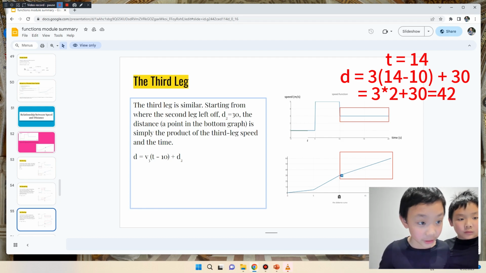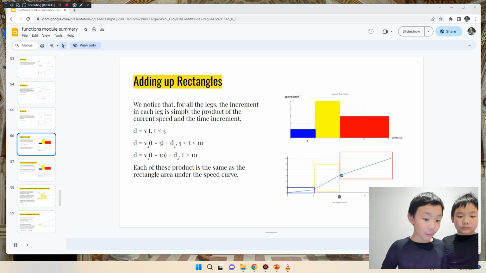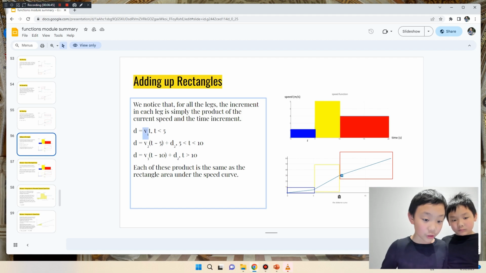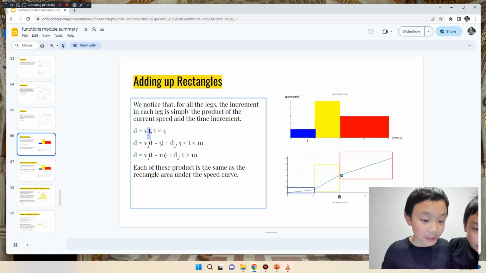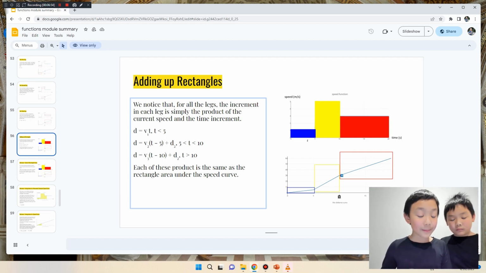So this is basically the summary of what we've done. This means that the distance equals the velocity 1 times the time. And this means that when the time is less than 5, you use this formula.